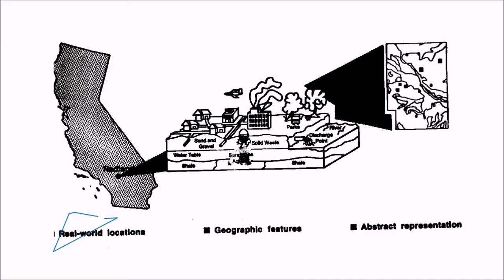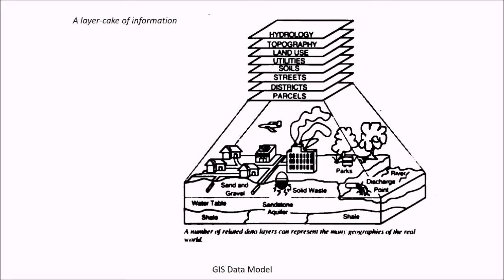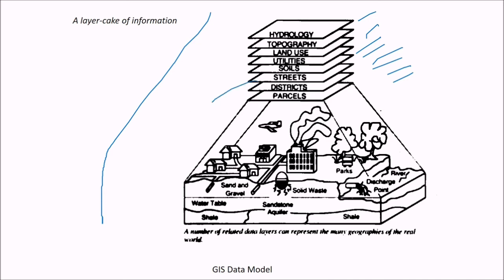These are the geometric or geographic features, and now we are presenting it in a certain abstract way. This is a layer cake of information: hydrology, topography, land use, utility, soil, street, district, parcels. You can have various layers, and these are the various related data layers that can represent the many geographies of the real world. So if you are interested in streets, you can find out the streets.